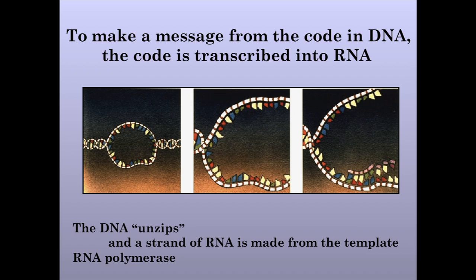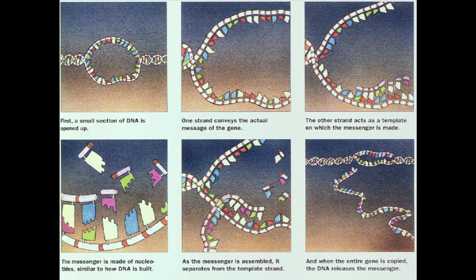And what happens here to decode a gene is the DNA is again unzipped, exposing a single-stranded template on either side, and an RNA molecule is then synthesized off of that template. So the template, A's, T's, G's, and C's, is transferred to a complementary strand for that information comprised of RNA, which then leaves the nucleus.